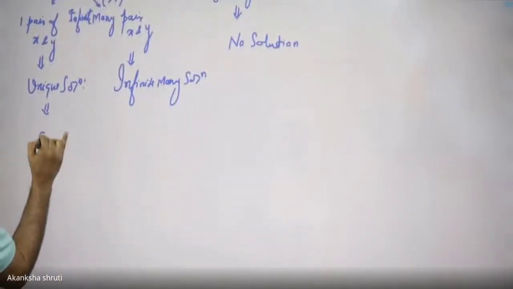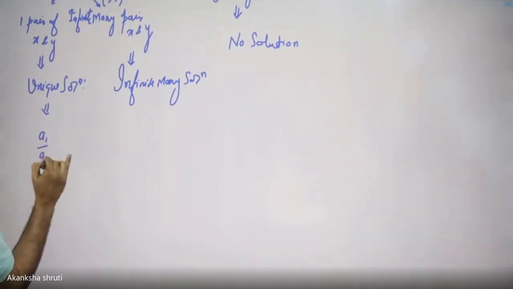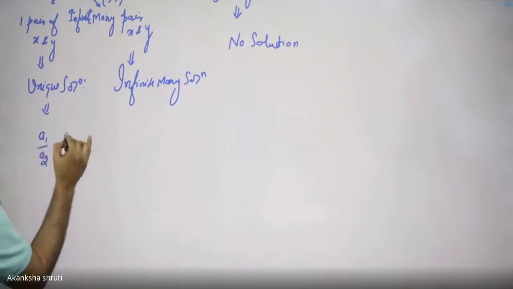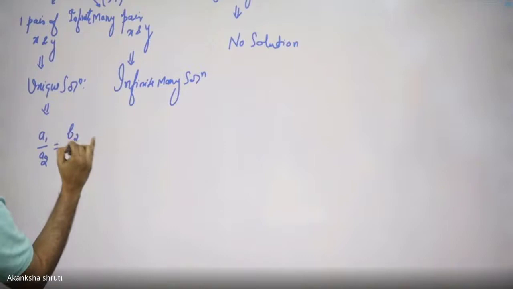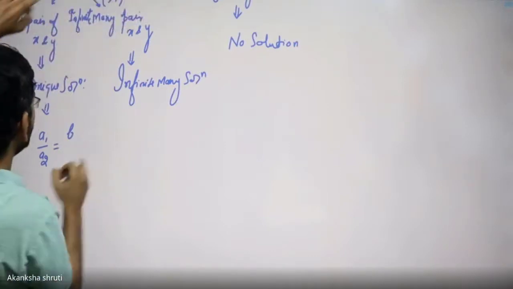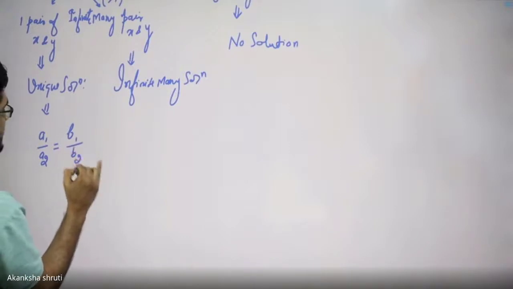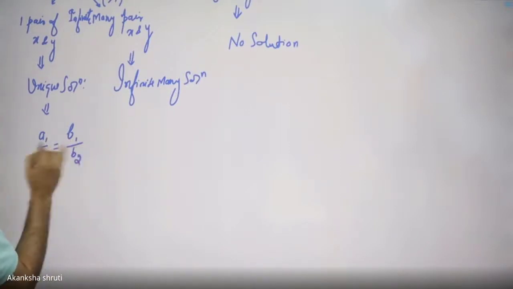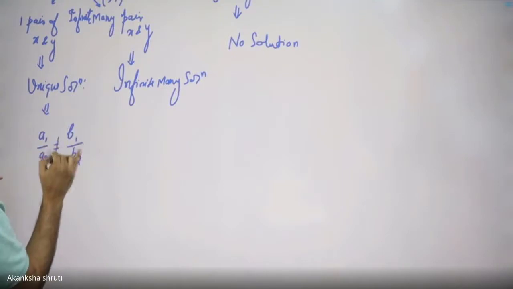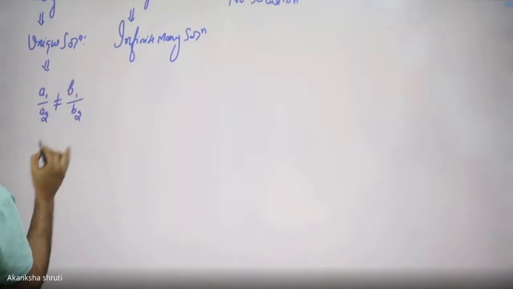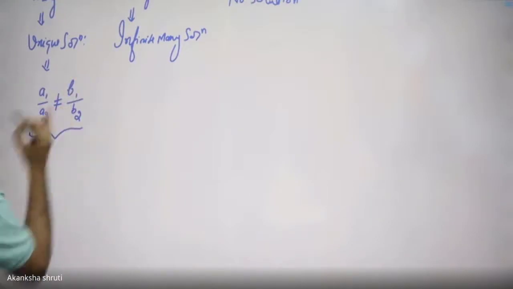If A1 by A2, meaning the coefficient of x, their ratio, is not the same as B1 by B2, meaning the coefficient of y, if these two ratios are not equal, then it will have a unique solution. Only this much is enough.